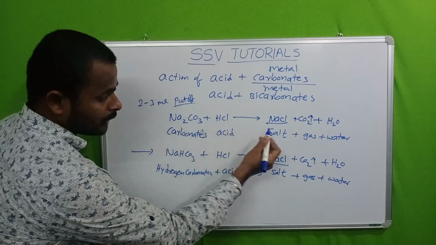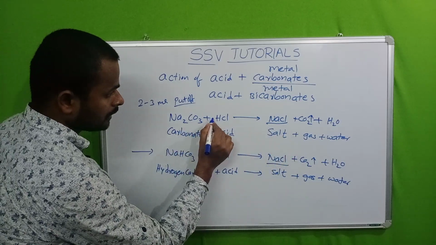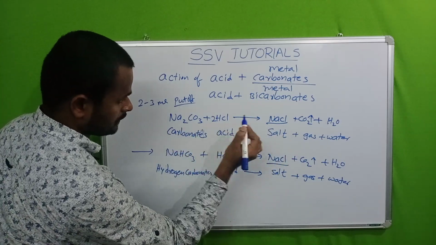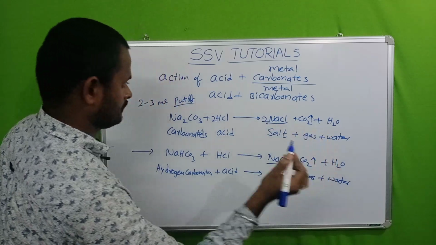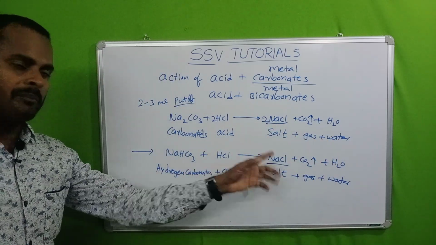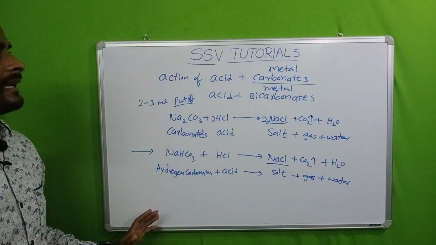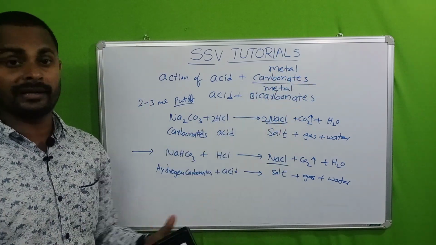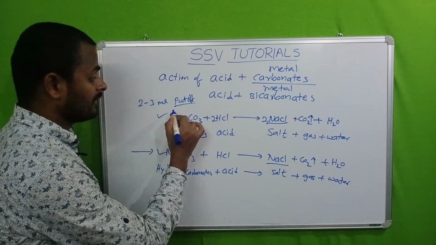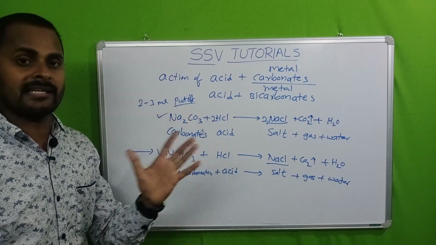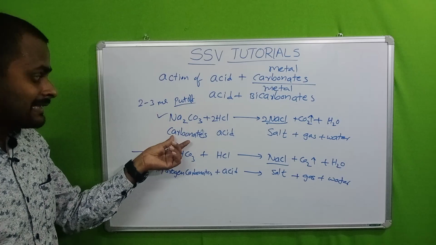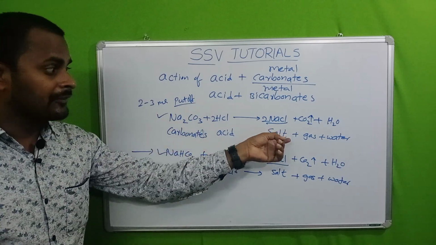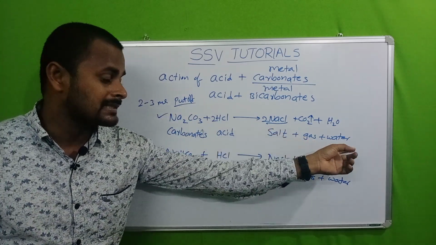Here the equation may not be balanced, so now we have to balance that. Okay, here this equation is completely balanced. So this is the reaction of acids with metal carbonates and metal bicarbonates. These equations are very important in 10th class examinations. When an acid reacts with metal carbonate, it forms salt, carbon dioxide gas and water.